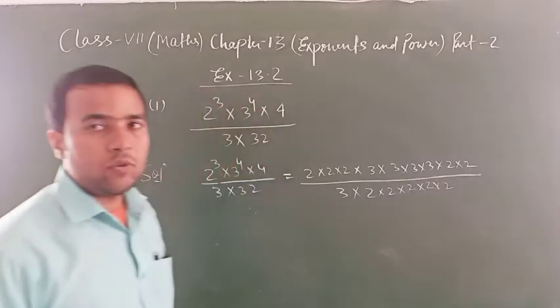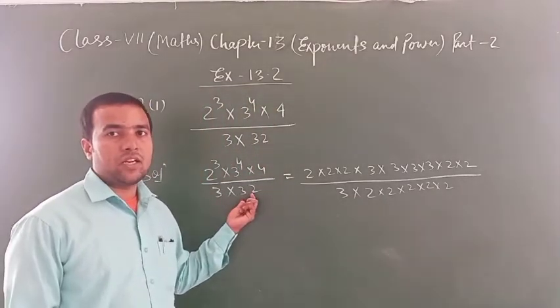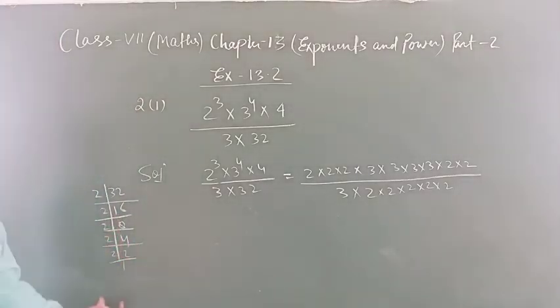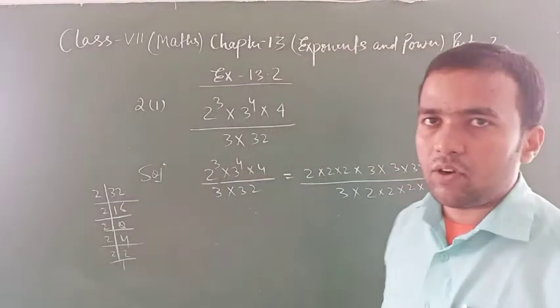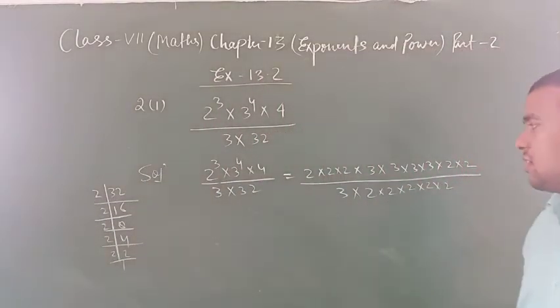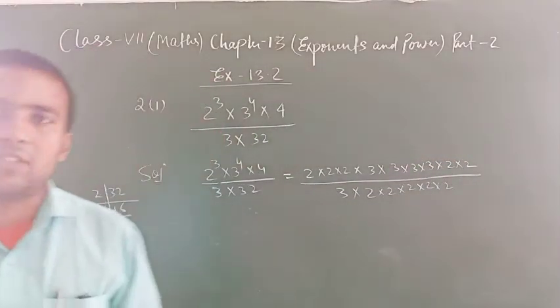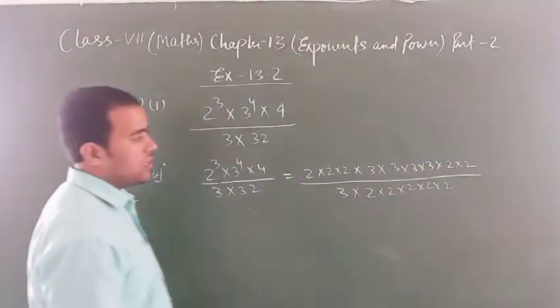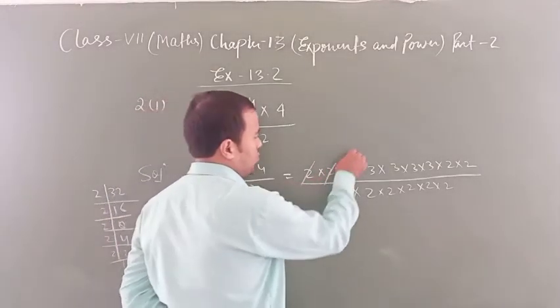How do you write it? You can find the factors of that number. If any number is given and asks to write in exponential form or factorization, first you find the prime factors. So here 2 into 2 into 2, three times: 1, 2, 3.